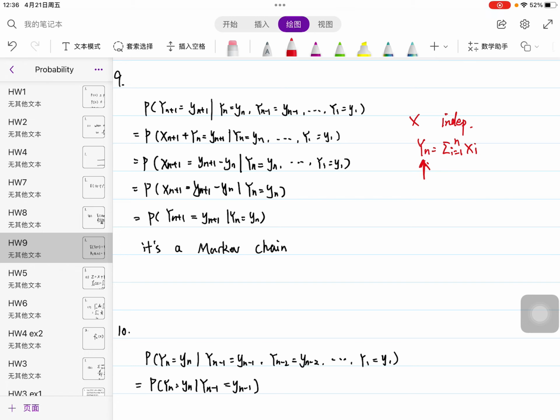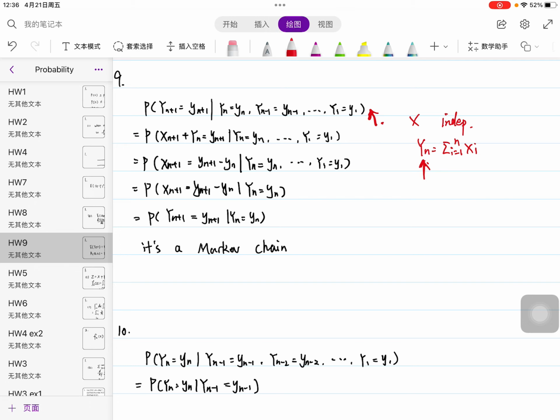So for this question, we first need to start with the conditional probability, right? So we take X into this expression.